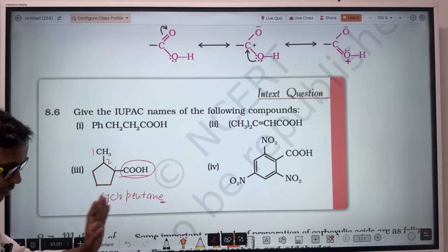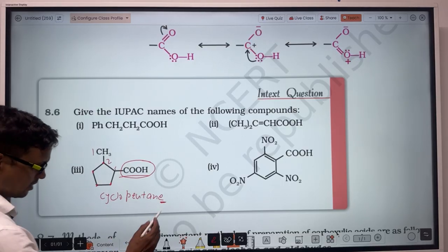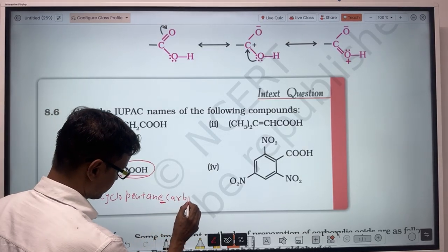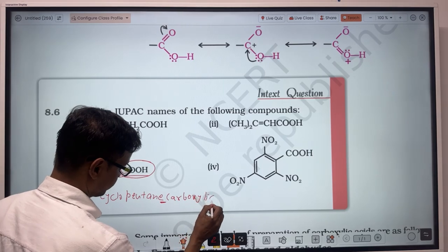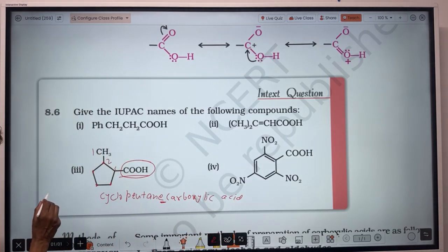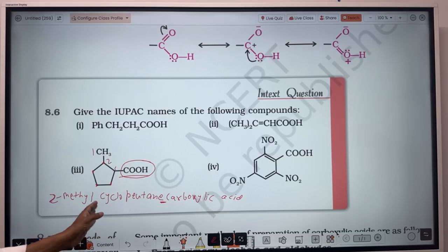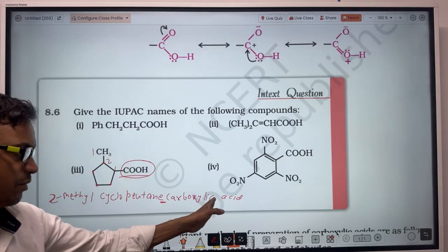Cyclopentane, retain the e, and then write carboxylic acid. At second position there is methyl, so write 2-methyl. So the IUPAC name of this compound is 2-methyl cyclopentane carboxylic acid.